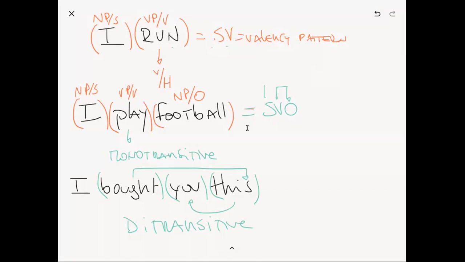Therefore, its valency pattern would be SVOIOD. The direct object is this because that's the direct receiver of the action, and you is the indirect receiver of the action.